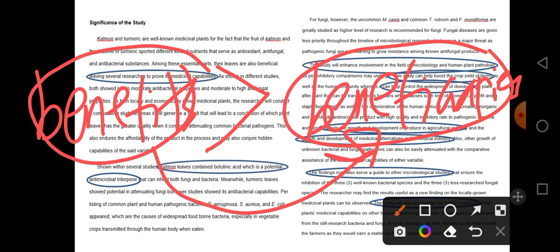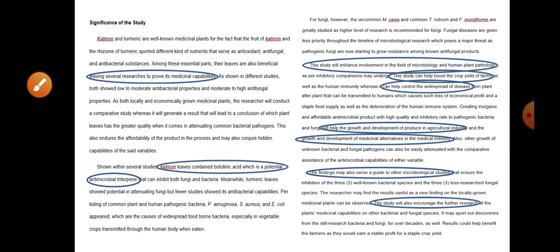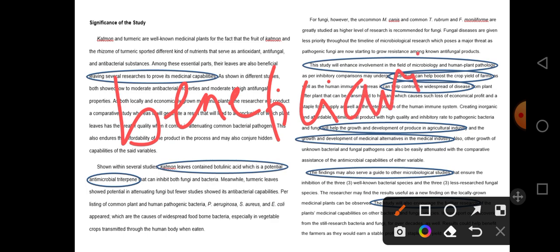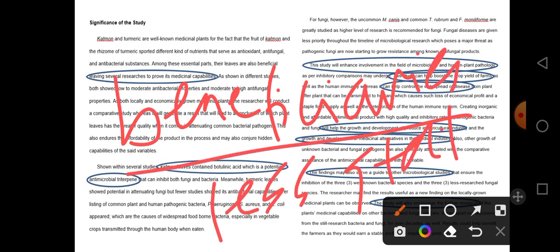So there are still beneficiaries mentioned in the flow of paragraphs. However, class, if you compare it with the encircled statements, they are considered to be less stated than the mention of the benefits. The beneficiaries are less stated than the benefits the study can offer.